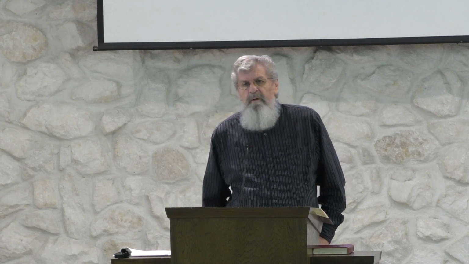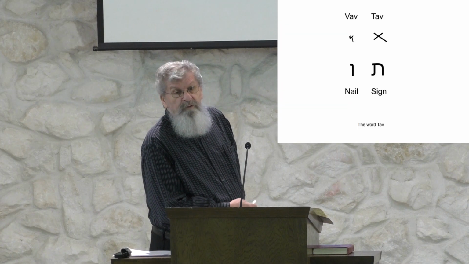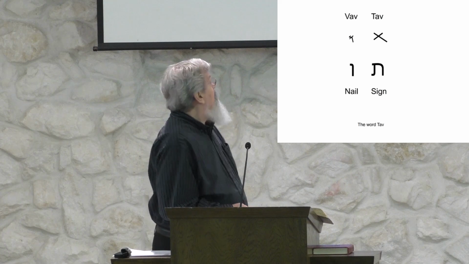But that's the ancient Tav. So what do you think that came from? I don't think it came from witchcraft. It was used by the Hebrew alphabet, the language. There's a word that means sign, and it is also called Tav, the way it's pronounced.